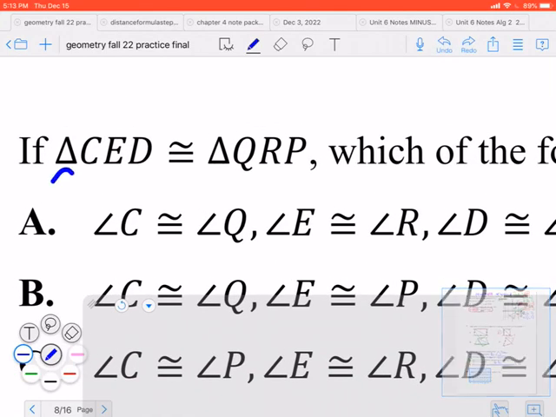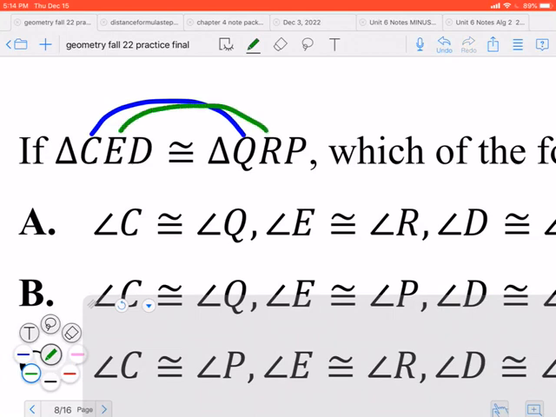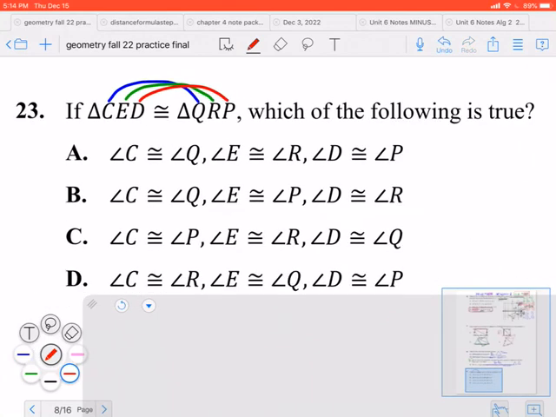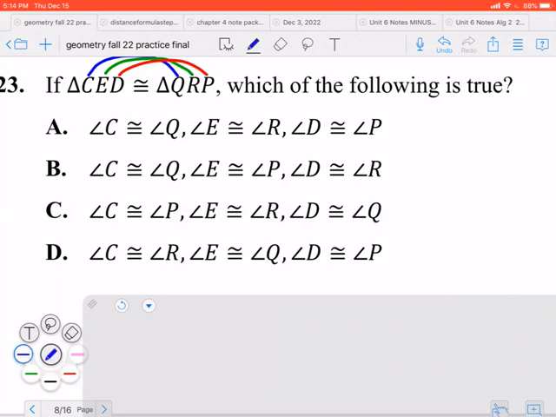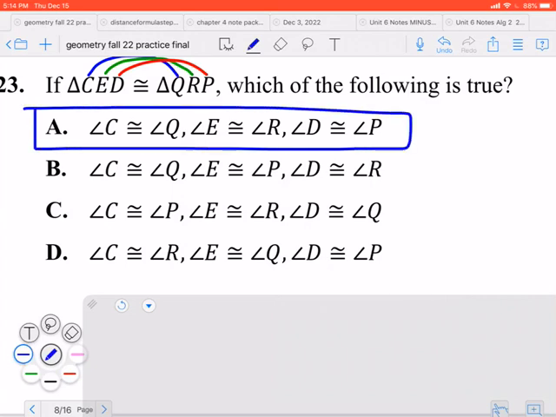If they called the first triangle CED, C is the first letter, so it's going to correspond to Q. So C would be congruent to Q. E, the second letter, would be congruent to R. And D, the third letter, with the third letter on the second triangle, D and P. So I'm looking for the choice that says C is congruent to Q, E is congruent to R, D is congruent to P. And letter A.